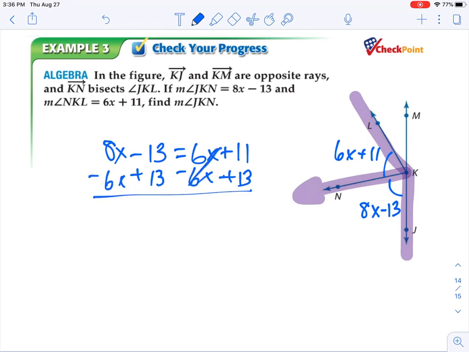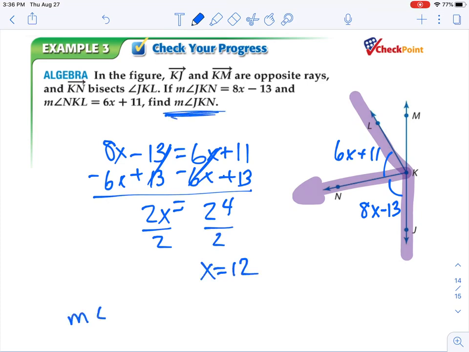And then plug our x back in for what we need to solve. So I got x equals 12. I need to find the measure of angle JKN. So I plug that back into JKN.